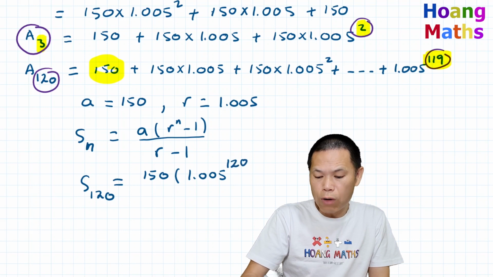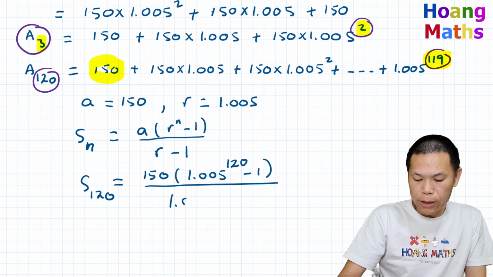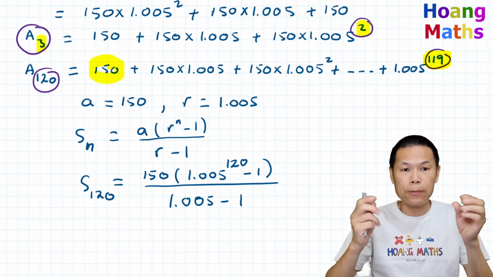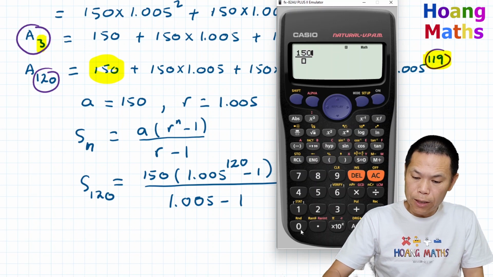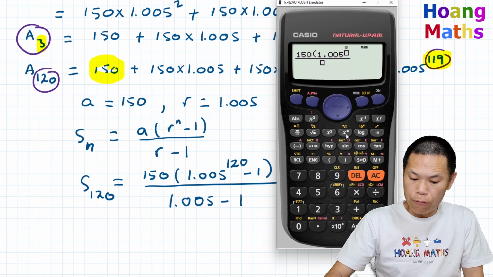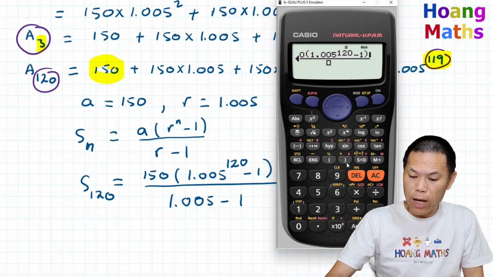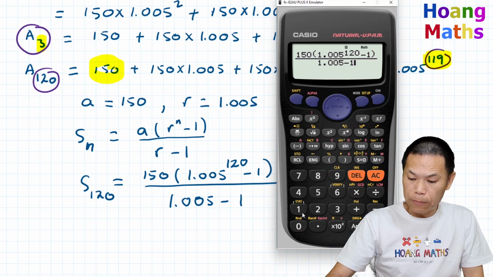So 120 minus 1 over 1.005 minus 1. Now I just put that on a calculator. So I just go fractions, 150, brackets, 1.005 to the power of 120, minus 1, close brackets, and then 1.005 minus 1.